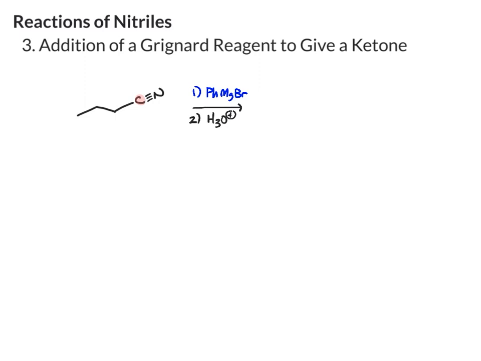So what you end up doing is you add the R group from the Grignard reagent to the nitrile carbon. So we add the phenyl to that, and then that carbon becomes a carbonyl carbon. So we end up with a ketone product.